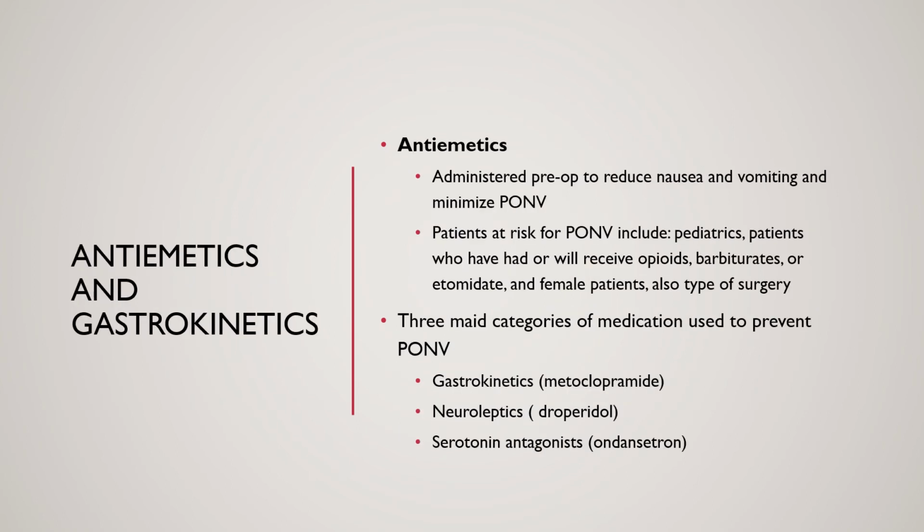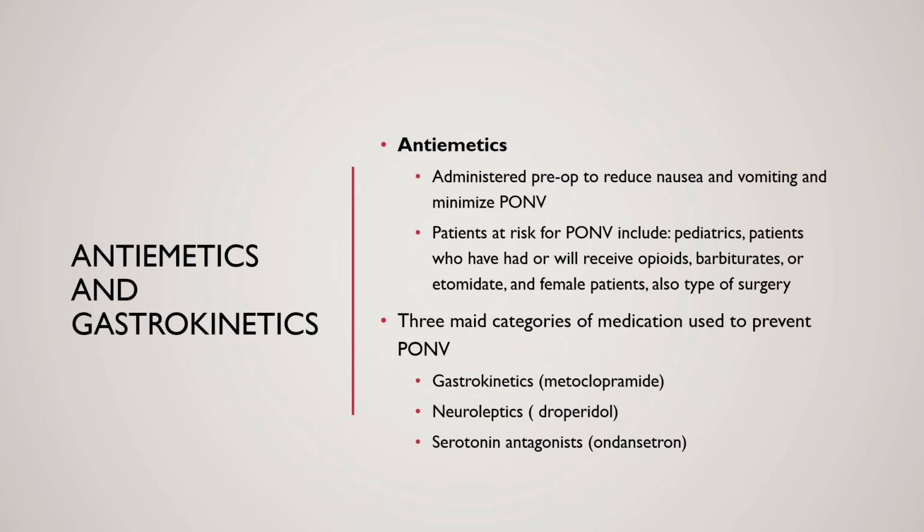All right, antiemetics are used to reduce nausea and vomiting and to minimize postoperative nausea and vomiting. That's PONV. So patients at risk for PONV include pediatrics, especially pre-adolescents, and patients who have had or will receive opioids, barbiturates, or etomidate.